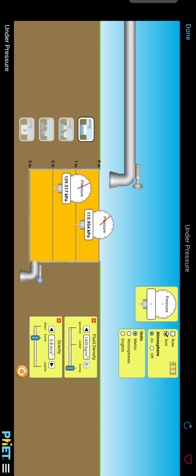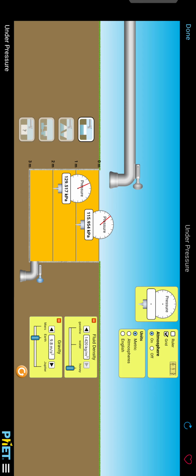At a depth of 2 meters, the fluid pressure of the honey is 129.517 kilopascals, while at a depth of 1 meter, its fluid pressure is 115.954 kilopascals. So there are changes when the fluid density changes.